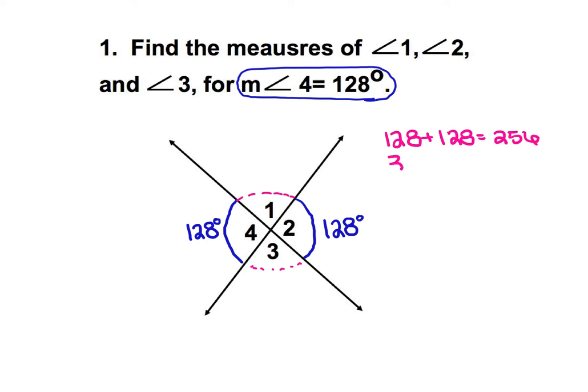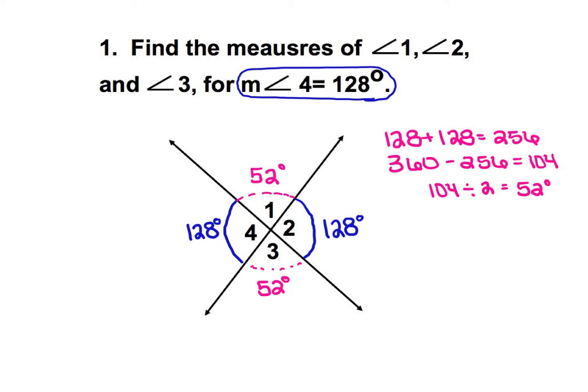If we remove the 256 from the full circle, you get 104. Then that 104 has to be divided between the two remaining angles, and that gives you 52. 52 degrees. And he would be 100% correct.